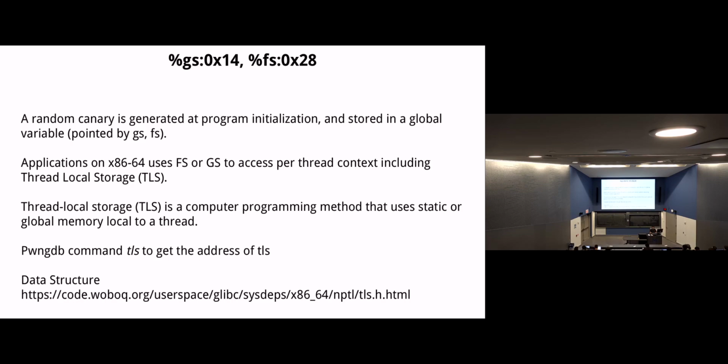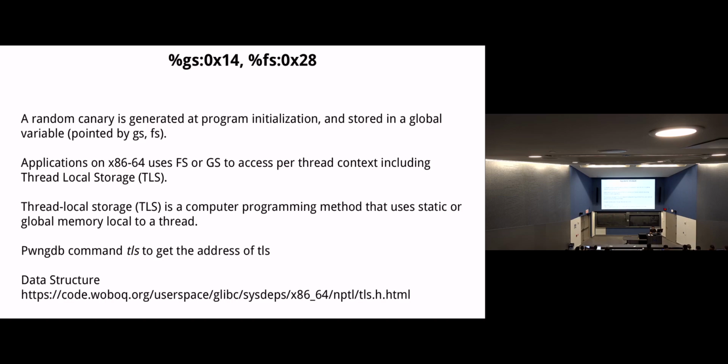So those are the 2 different memory locations for 64-bit and 32-bit. GS and FS, those are segment registers. The random value is generated when the program is created, then it's stored in a global variable, which is pointed to by GS or FS.